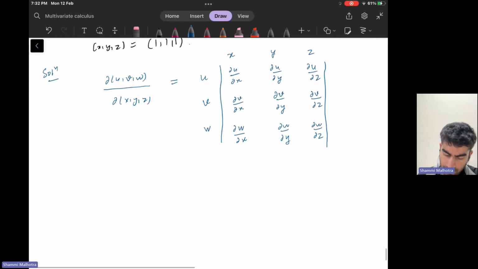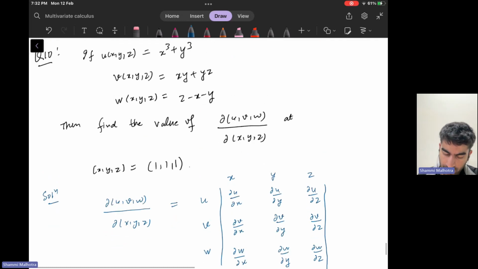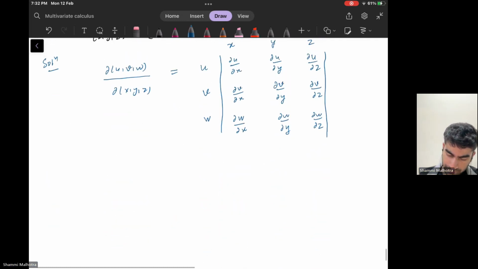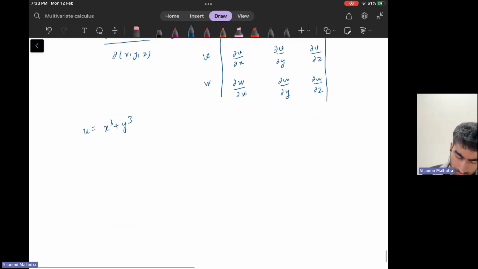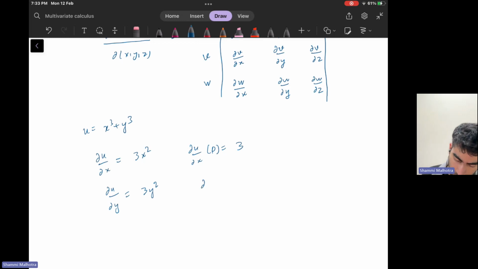So we have to evaluate all these partial derivatives at 1, 1, 1. My u is given as x cube plus y cube. So del u by del x is 3x squared, so at the point it would be 3 only. Then del u by del y would be 3y squared.